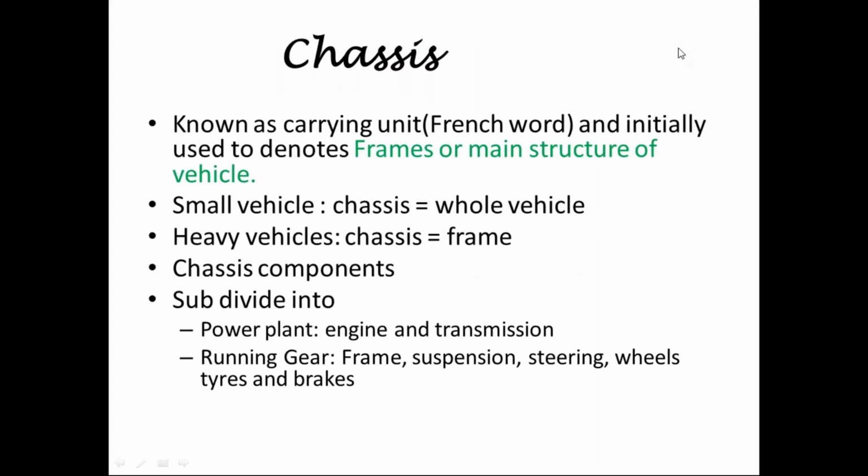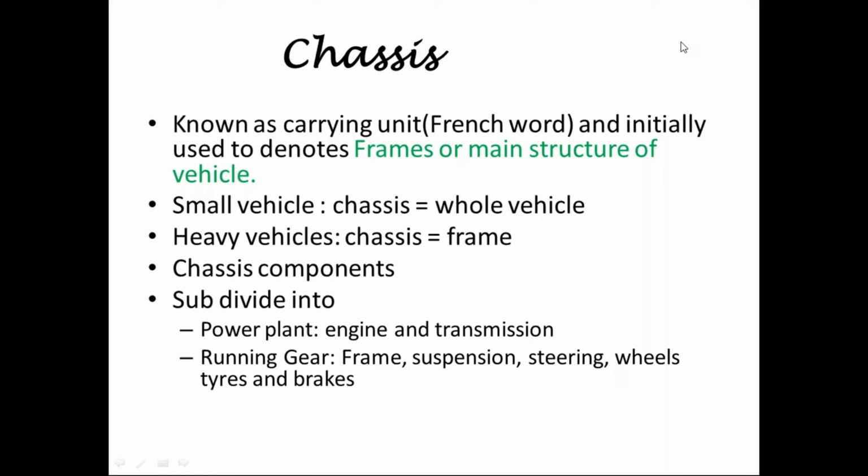Now coming towards our important part related to the chassis. The chassis can be known as a carrying unit, a French word, and initially used to denote the frames or the main structures of a vehicle.